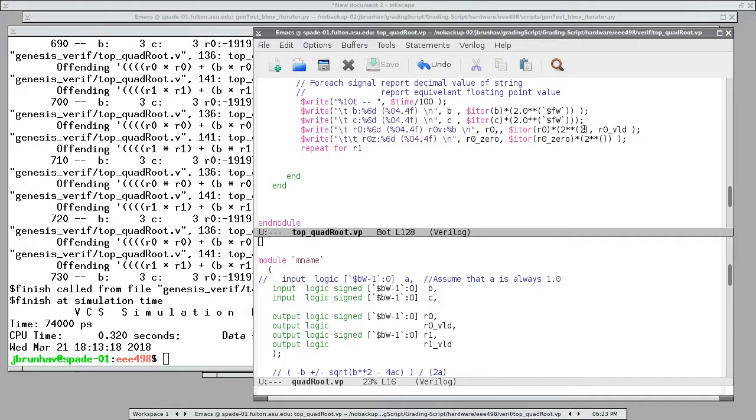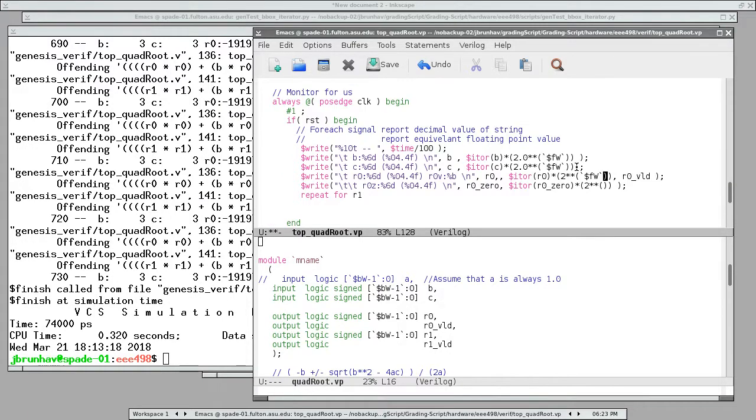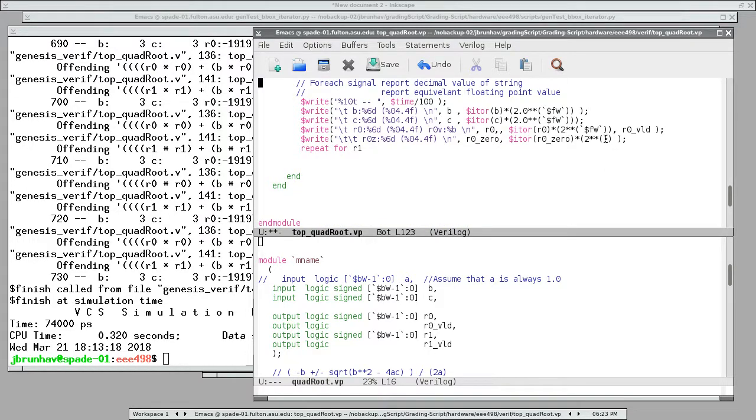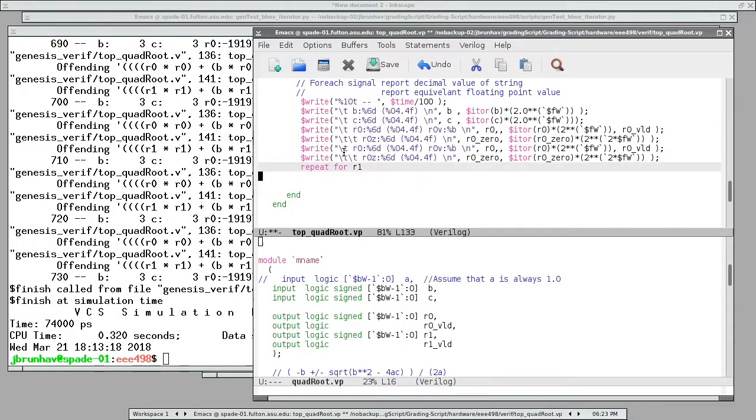So we should get a result that looks like that. And then the R00 is 2FW. 2 times FW. And then we just need this chunk of code again for R1. And here we need to be very careful.